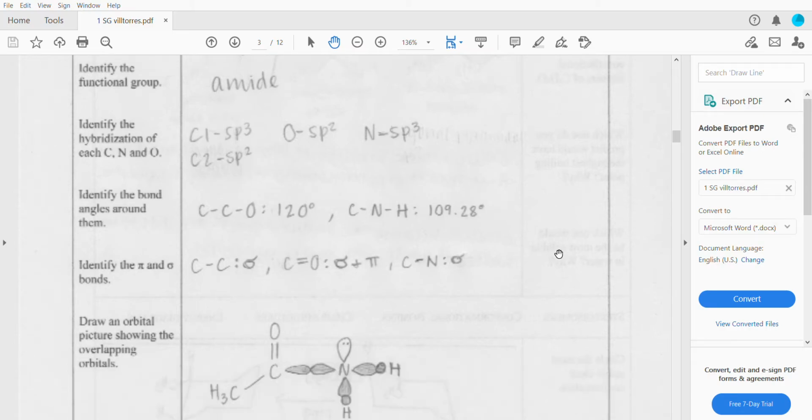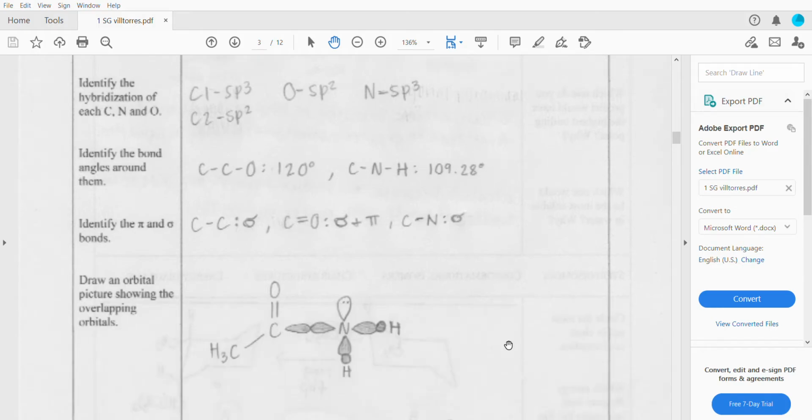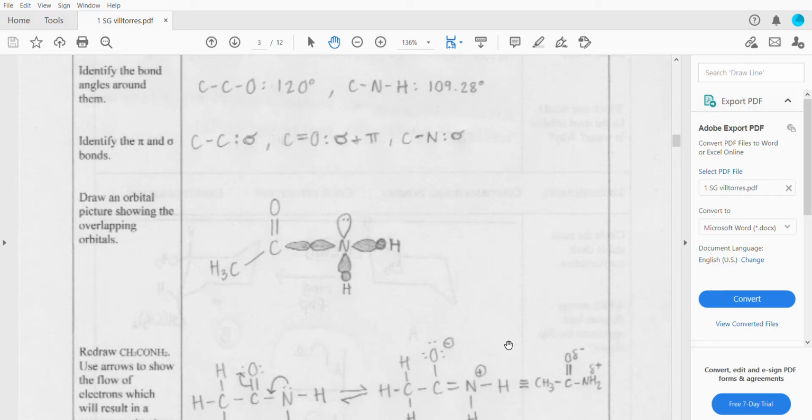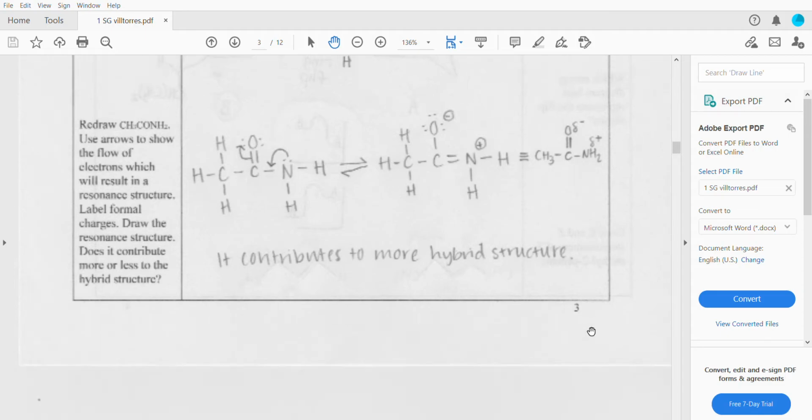Based on this structure, you can identify the hybridization, bond angles, and types of bonds. And you can draw the orbital picture, overlapping orbitals, and then you can see how the electron flows from nitrogen to this bond and then goes to oxygen, and forms the partial positive on nitrogen and partial negative on oxygen.